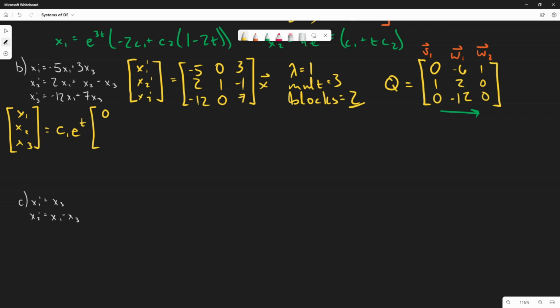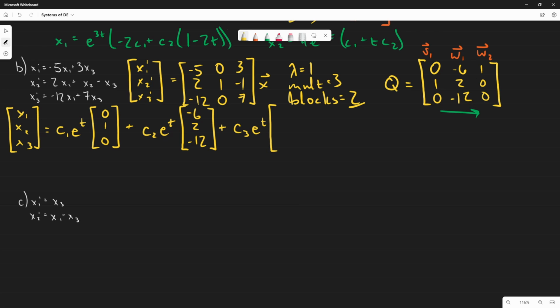So it's going to be 0, 1, 0 plus c2 e to the t, and now we have a new ordinary vector, so we will just have one vector here, which would be w1, -12, plus c3 e to the t, then multiplied by w2.